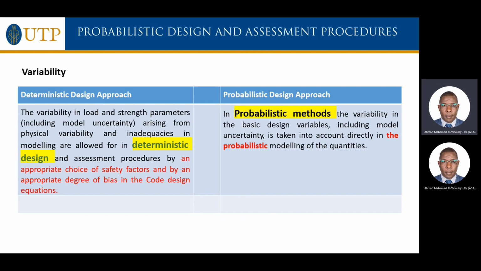While in the probabilistic methods, the stochastic nature of the load and also the uncertainties involved in the material, the method of sampling, and the model are included directly in the probabilistic modeling equations.